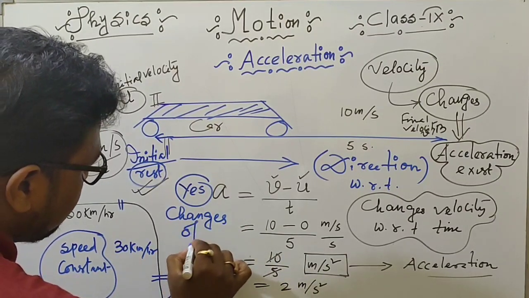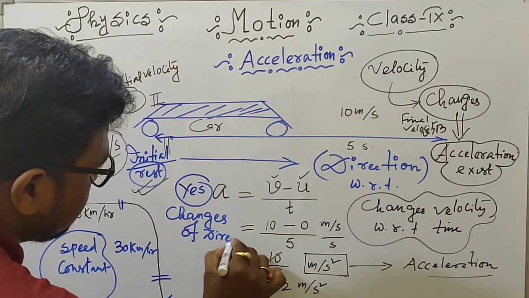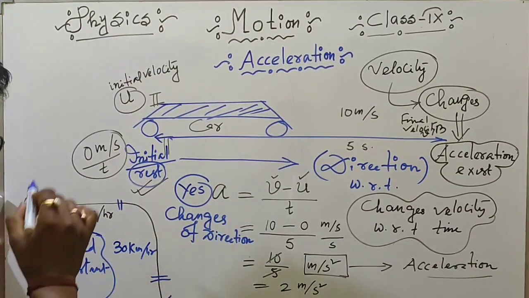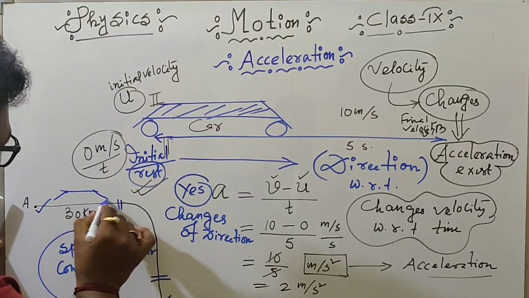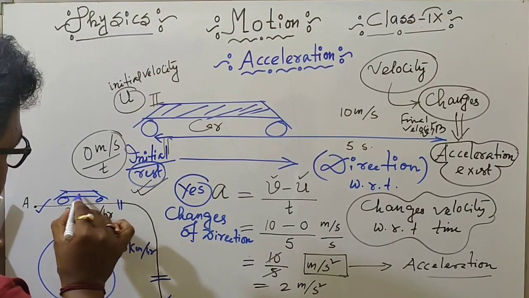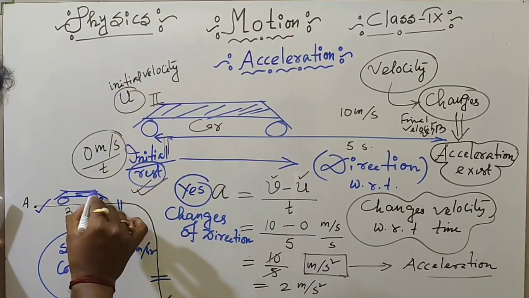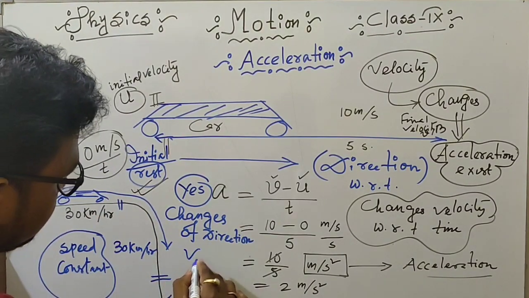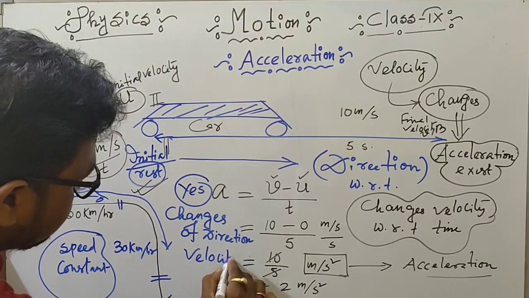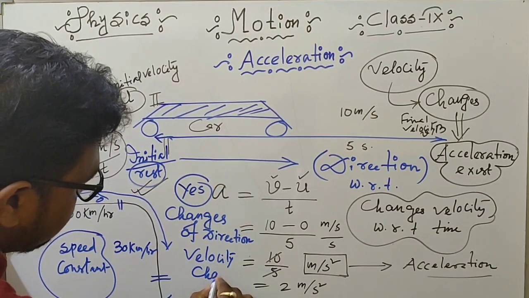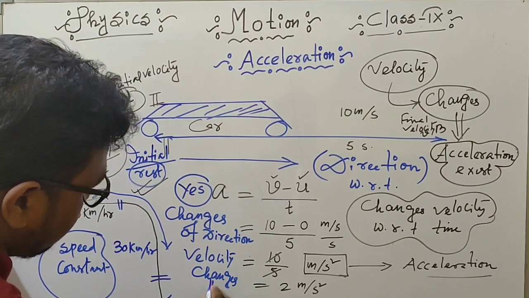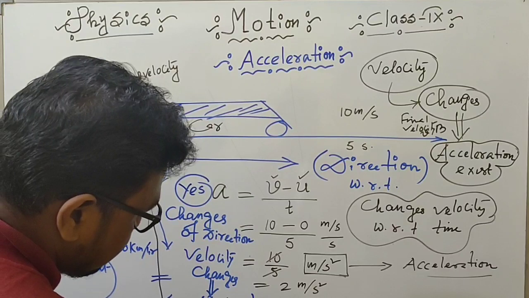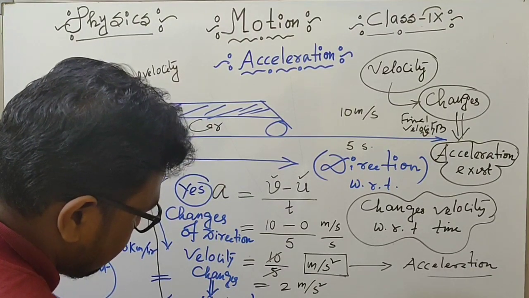So when a vehicle, let us say a car, travels a certain distance at a constant speed and after that changes its direction, that means the velocity changes, which means acceleration exists.